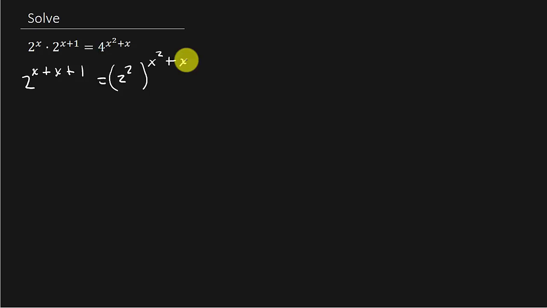So let's do some simplifying. So that's 2 to the 2x plus 1 equals, and then this is going to be 2. And then remember, when you have exponents like this, there's a property that says a to the m raised to the n. In this case, the 2 here is our m, and the x squared plus x is our n.